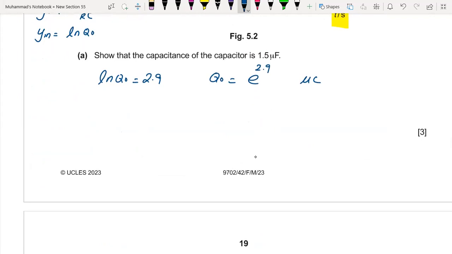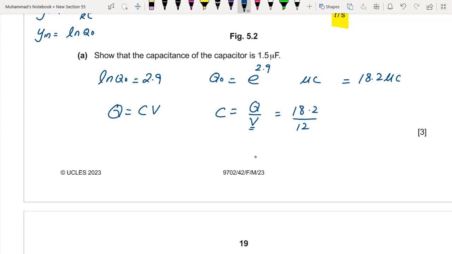And after finding initial charge, we will use Q is equal to CV to find the capacitance, which is equal to Q by V. We know initial voltage across the capacitor, that is 12 volt. So the charge would be 18.2 microcoulomb, and C is Q by V, that is 18.2 divided by 12. This will be in microfarad.